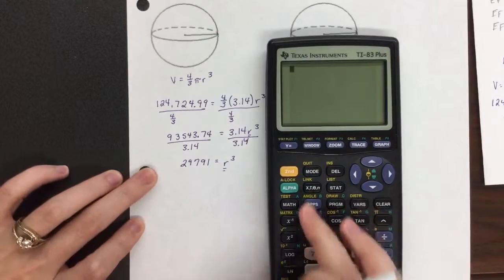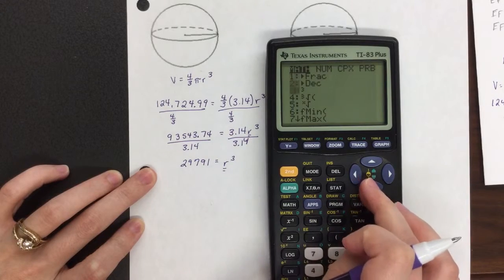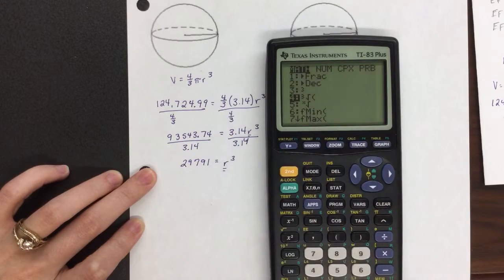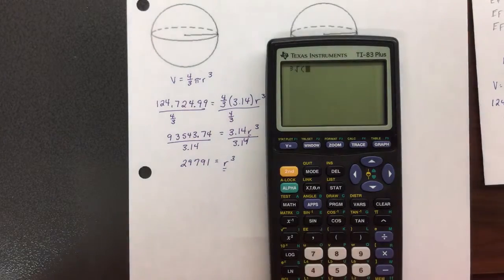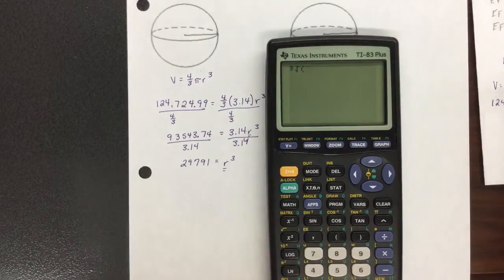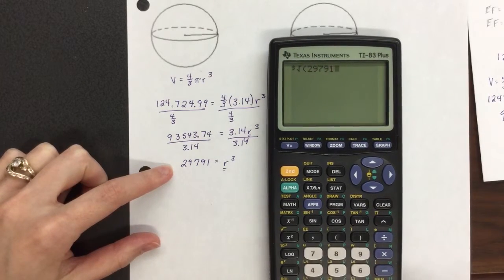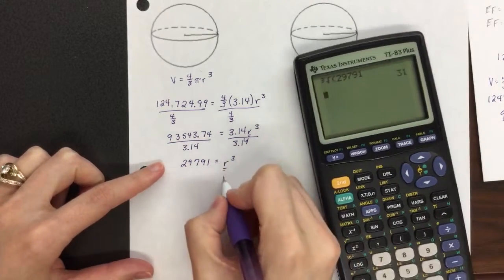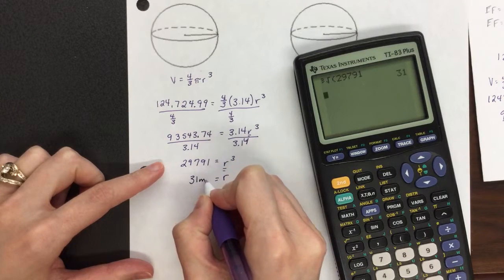So the way you take the cube root, in this calculator it's under math, you see how it's got the cube root right there, cube root, and then 29,791, and that's going to give us a radius of 31, and the units on this problem are millimeters.